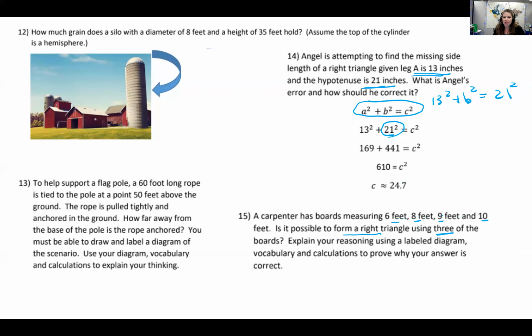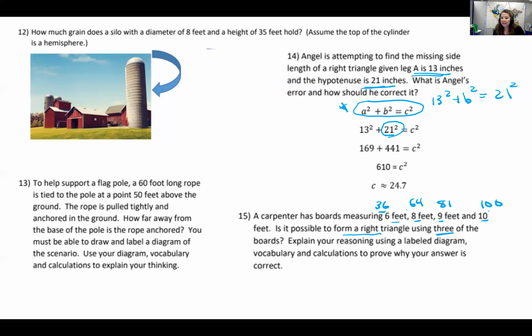Can we fit those numbers into the Pythagorean theorem and let it be true? All right, so 6 squared is 36. 8 squared is 64. 9 squared is 81. And 10 squared is 100. So if I add any of these, obviously 81 or 100 are going to have to be letter C because they're the bigger numbers.